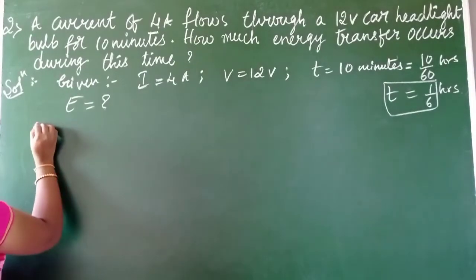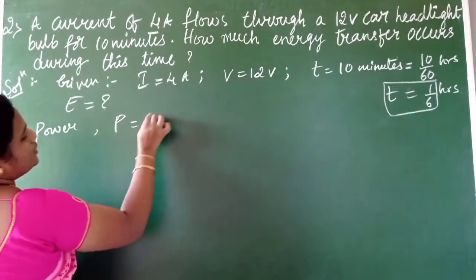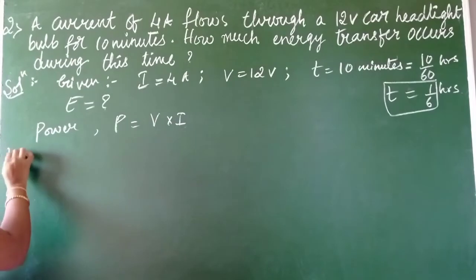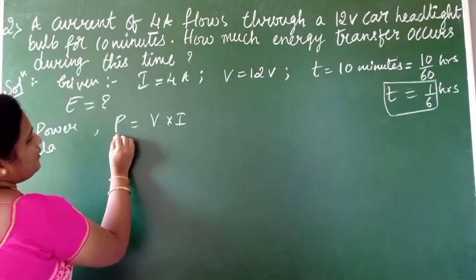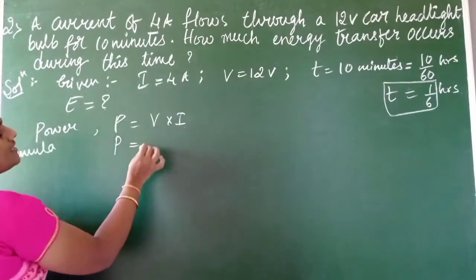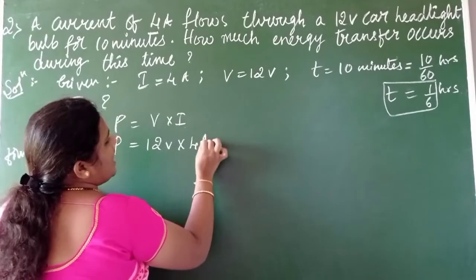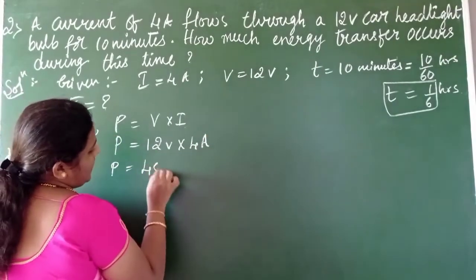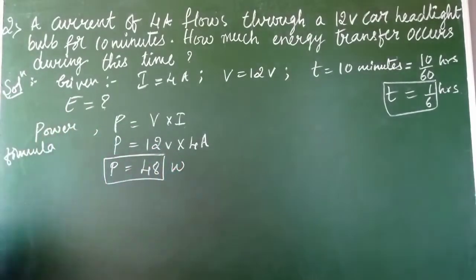So first, power consumed, P is equal to V into I, because this is the formula, you can write here. What is the P value? V is 12 volts into I is 4 amperes. So 12 fours are 48 watts is the power, isn't it, children?